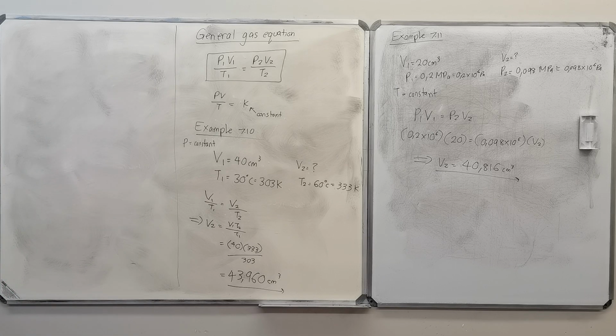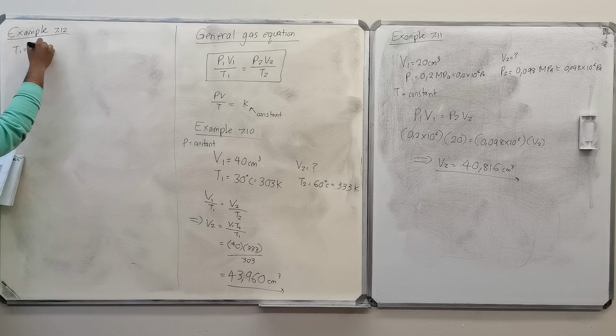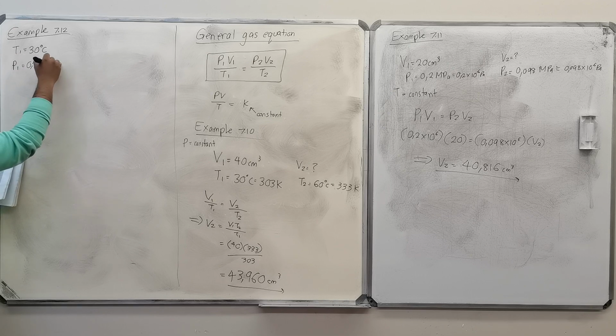Okay, so example 7.12. The volume of a given mass of gas at 30 degrees Celsius and a pressure of 0.2 times 10 to the 6 pascals with a volume of 40 meters cubed.